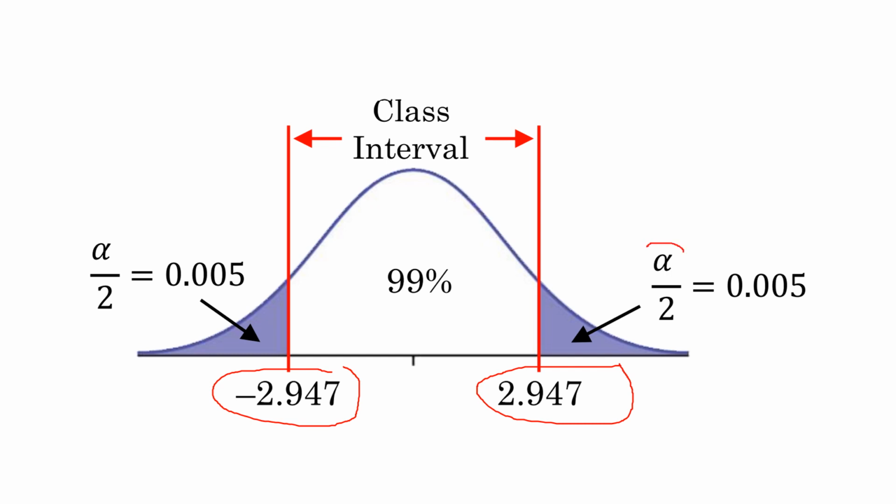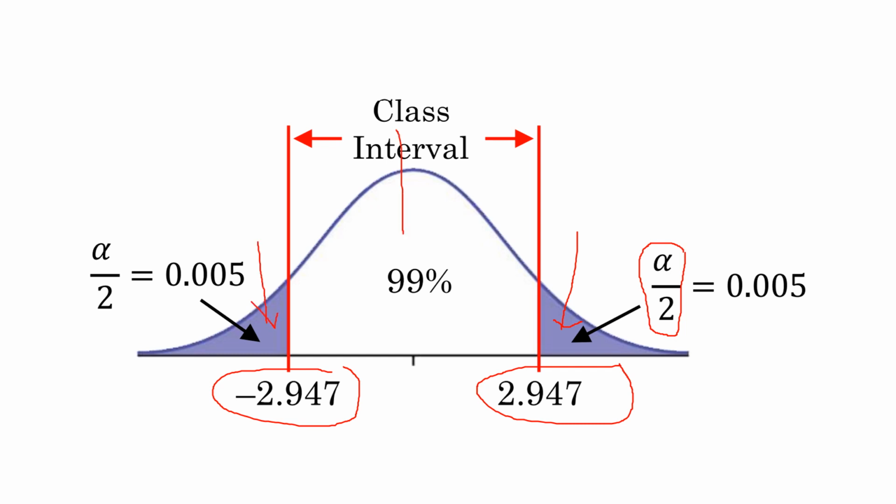That's why we also divide your level of significance alpha by 2. This alpha over 2, which is equal to 0.005, will represent the area of the shaded region after your critical values. So the area after your critical values will serve as your critical region.